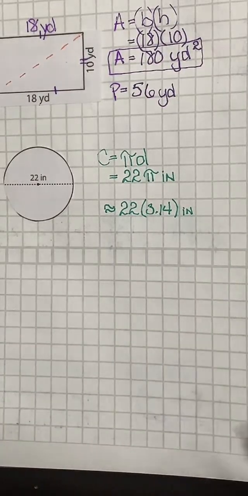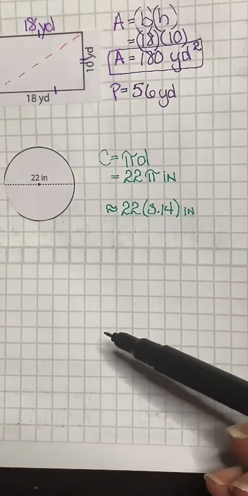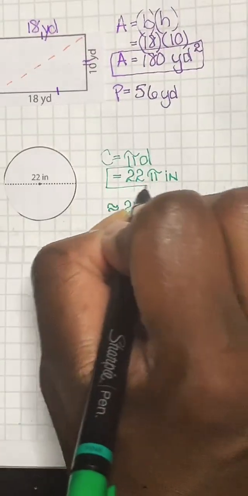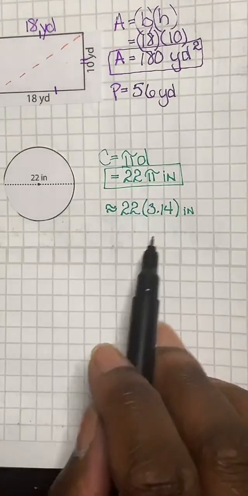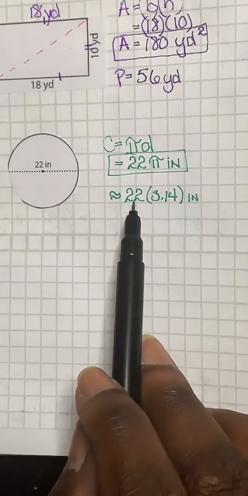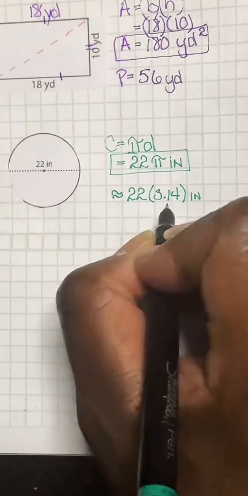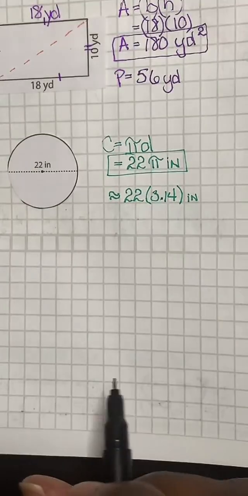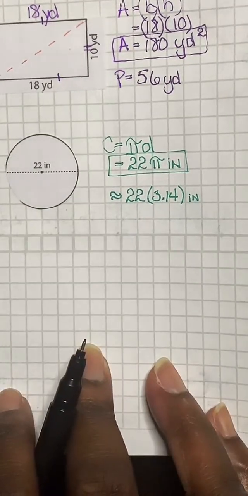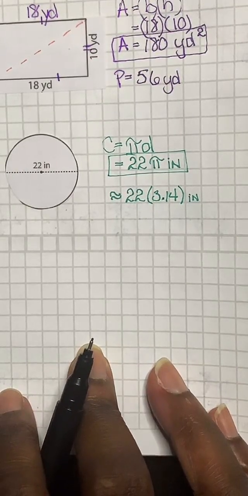If it says, what is the circumference, look at the answer choices. If you see pi in your answer, boom, they just want the exact answer. But if you start seeing decimals, that means they want you to take this 22 and multiply it by 3.14. Now, do I see that happening often? No. But let's get into the practice of multiplying without a calculator, right?